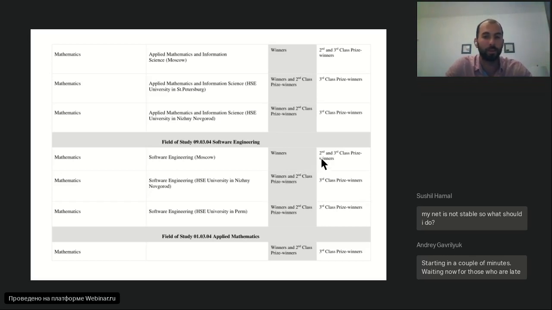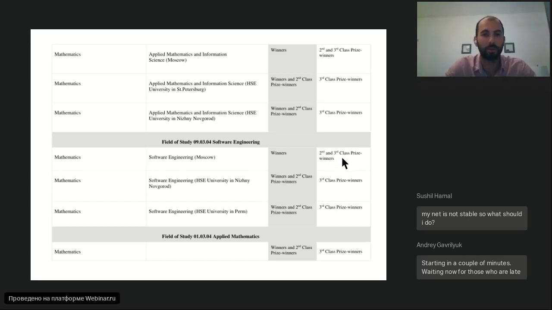And if you get silver or bronze, like second or third diploma, then you can apply for this very good support. It's called not discount, but financial aid, like in our vocabulary.